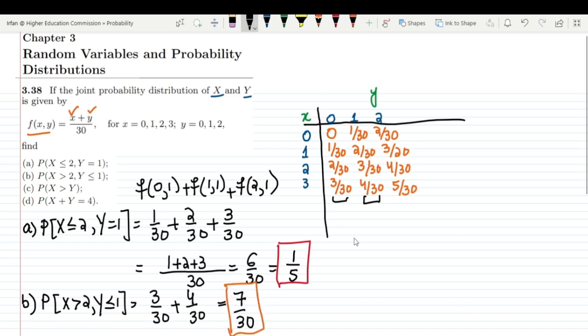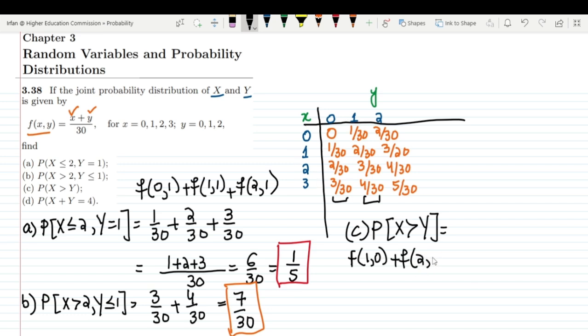Now moving to part C of my question, which is the probability that x is greater than y. Let me write all the combinations where the value of x is greater than y. So it will be f(1, 0). Similarly we can have f(2, 0), and f(2, 1).